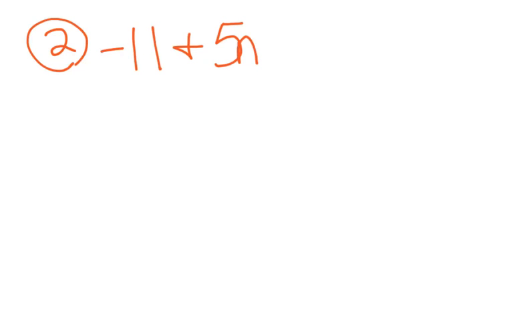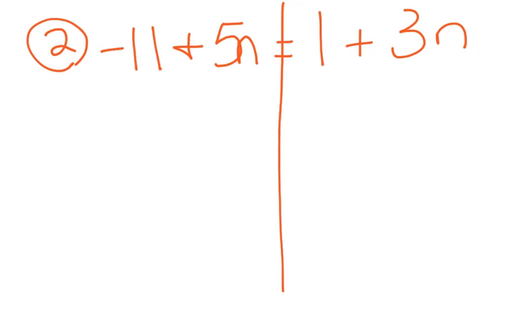Right now we're going to do another one, number 2: negative 11 plus 5n equals 1 plus 3n. Again, just to keep myself consistent in the way I do these things, I have n's on both sides. So I'm going to take the 3n on the right-hand side and take 3n away.